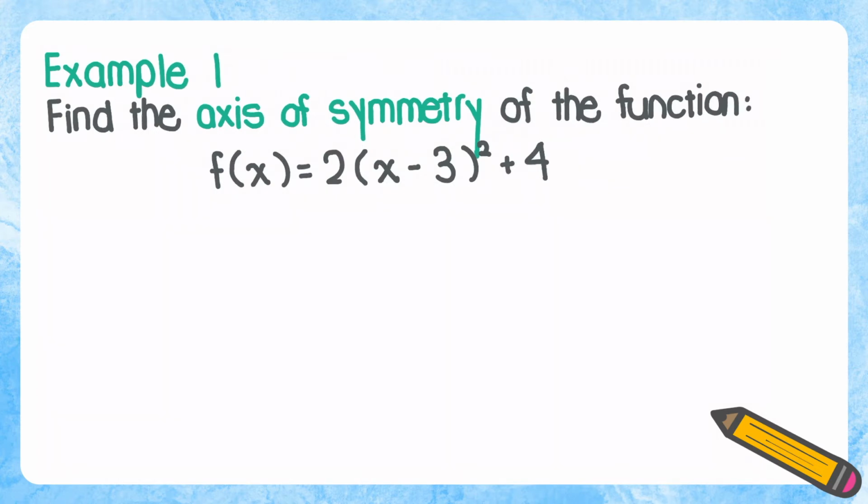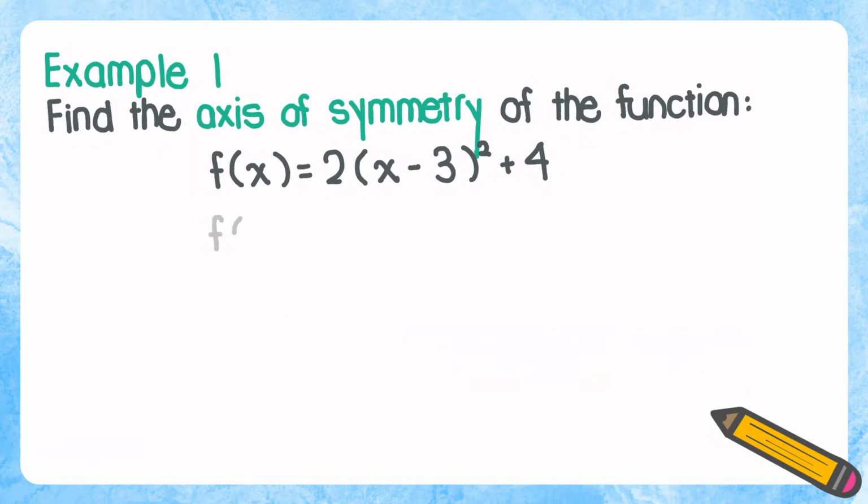For our first example, let's find the axis of symmetry for this function. F of x equals 2 times x minus 3 quantity squared plus 4. As usual, I'm going to write the general vertex form to see if we have an exact match.